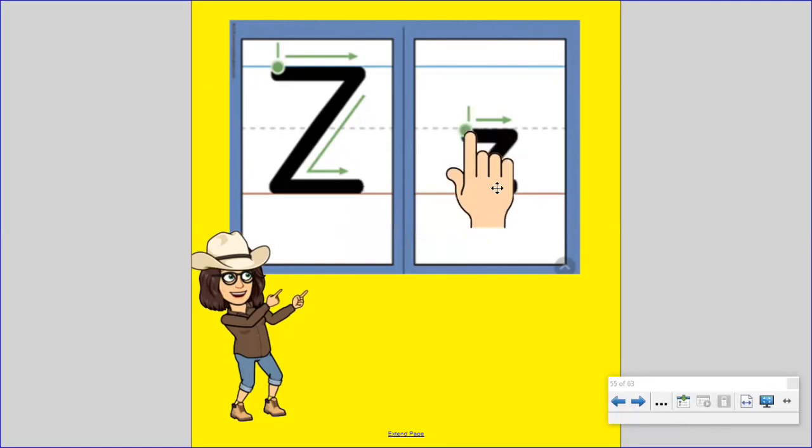Start at the middle line. Across, down, across. That's the lowercase z. And what sound does the letter Z make? The letter Z makes the Z sound, like in zebra.